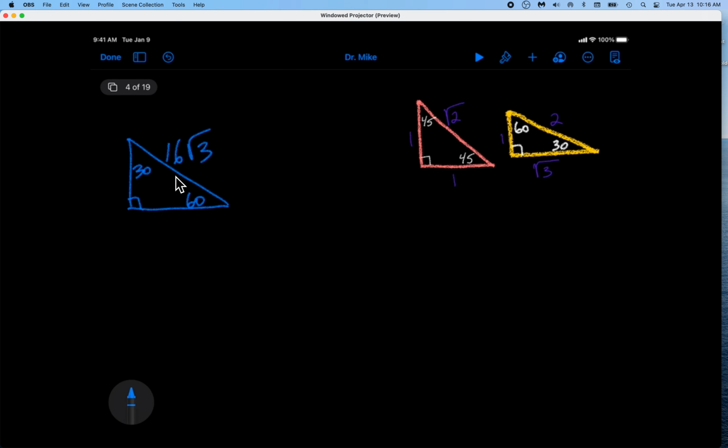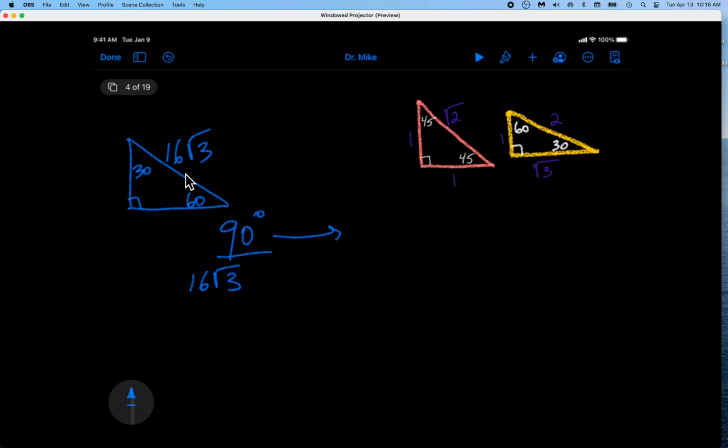What do we have? We have the side that's opposite the 90 degree. Remember, you can only work from the 90 degree to the side opposite the 30 degree, or from the 30 degree to the side opposite the 60 degree.